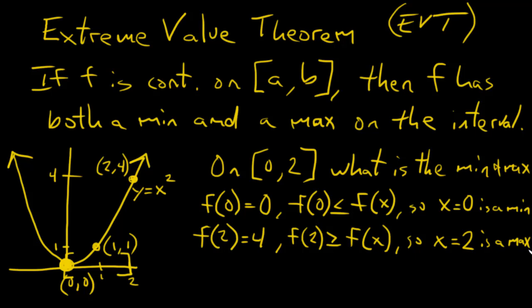And that's all we have to worry about: when we're given some interval, we take the smallest y value, that becomes the minimum, and the greatest y value becomes the maximum. And that's it.